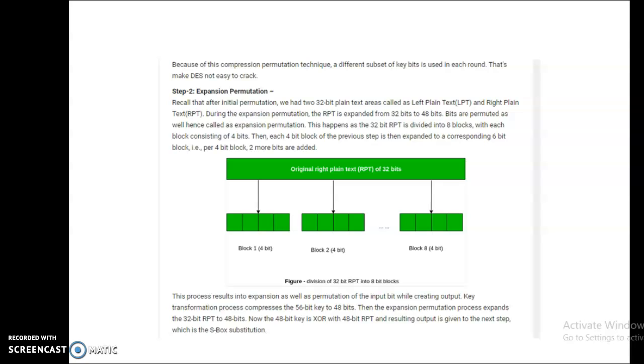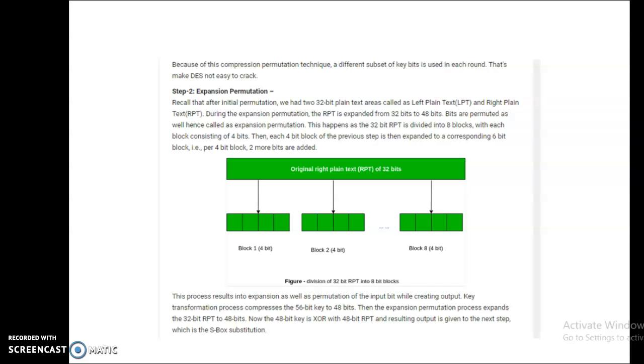This happens as the 32-bit RPT is divided into 8 blocks, with each block consisting of 4 bits. Then each 4-bit block of the previous step is expanded to a corresponding 6-bit block, that is, 2 more bits are added to each 4-bit block. The process results in expansion as well as permutation of the input bits while creating output.